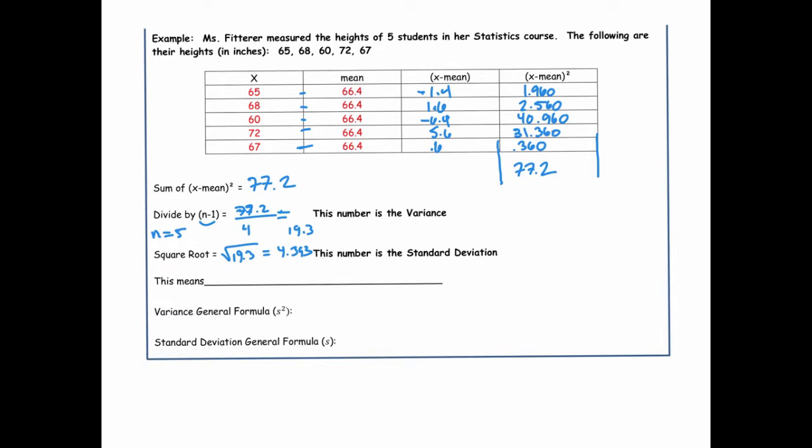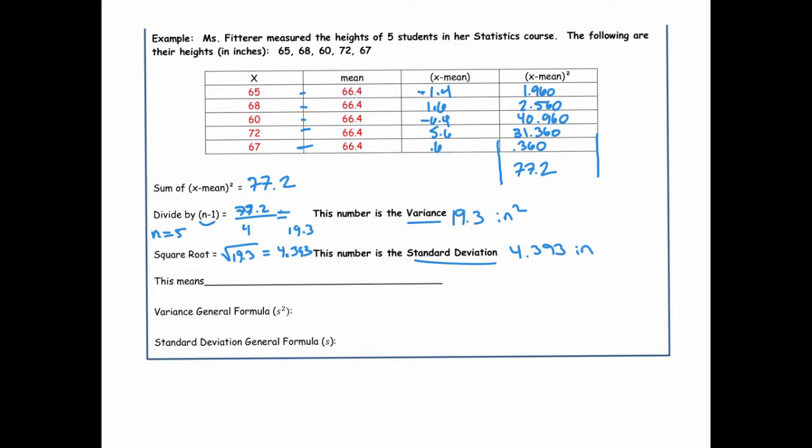That is our standard deviation. So what does that mean? I'm going to write them here because they're a little bit small there. That's our variance, and our standard deviation is 4.393. The units on this is inches, the units on this is inches squared.